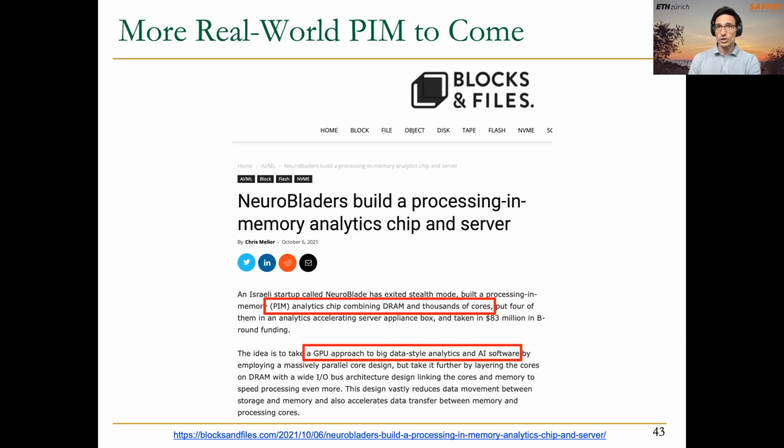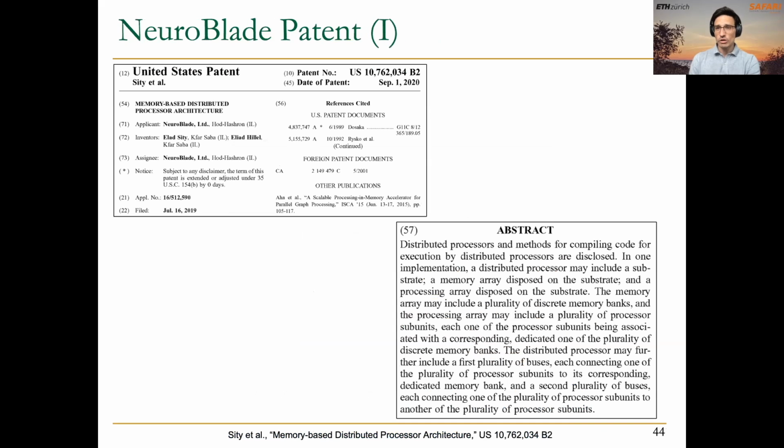They use a GPU-like approach, and this architecture is targeted at big data analytics and AI. There is not much information about this architecture on their website or in research papers, but I could find a couple of patents that explain at least a high-level view of the NeuroBlade system.